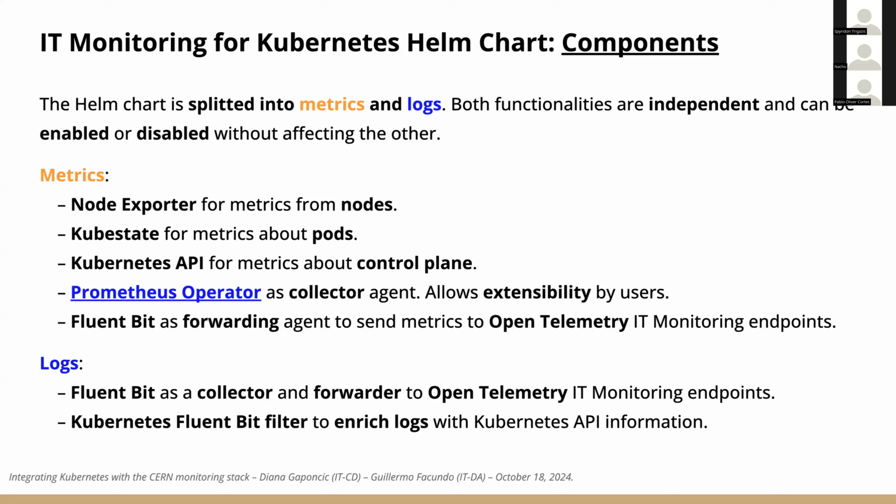Once the logs are consumed by that FluentBit, we use a Kubernetes filter that allows us to enrich them with information from the pod. So this log line has been written by this pod that corresponds to this deployment that is on this cluster, for example, which allows you to filter the logs later on, either in Grafana or in OpenSearch.